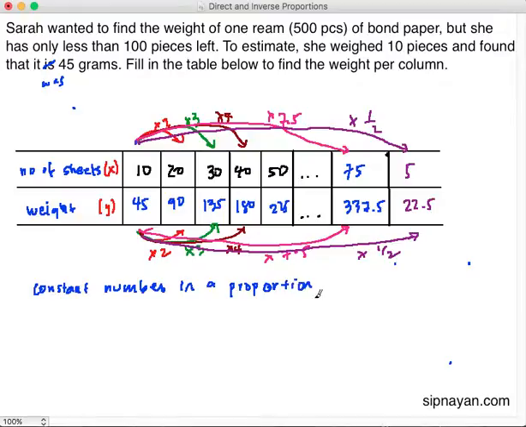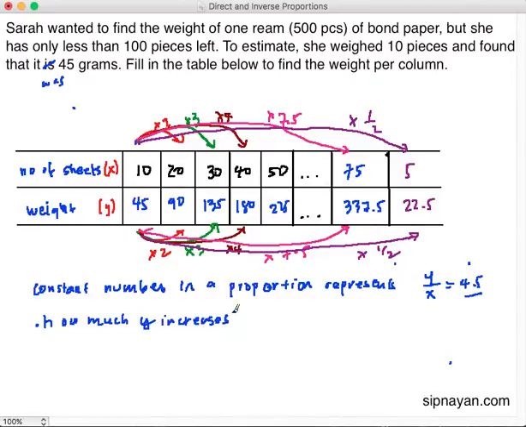Yung constant number natin kanina is the y over x, which is equal to 4.5, di ba? The constant number in a proportion represents, una, how much y increases when the value of x increases.